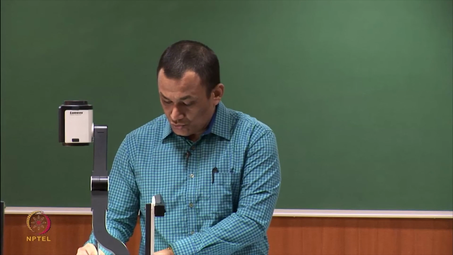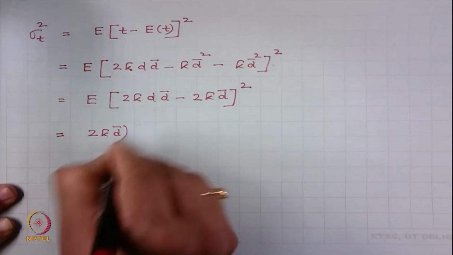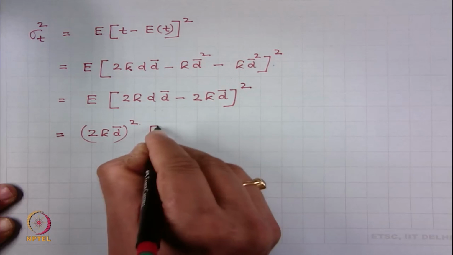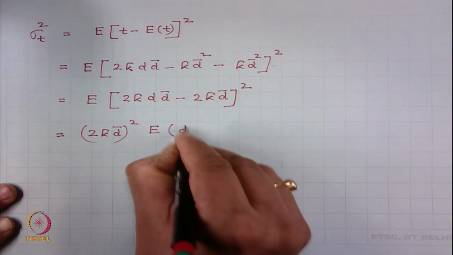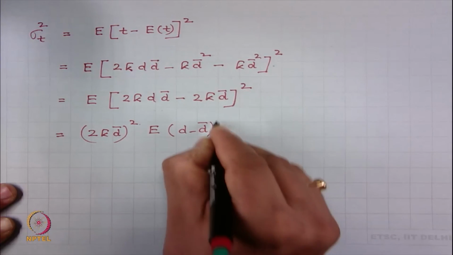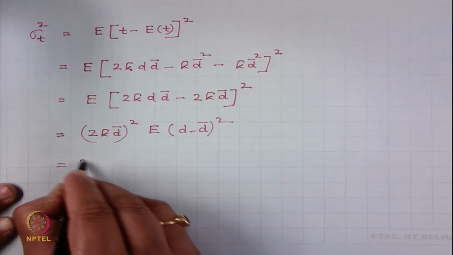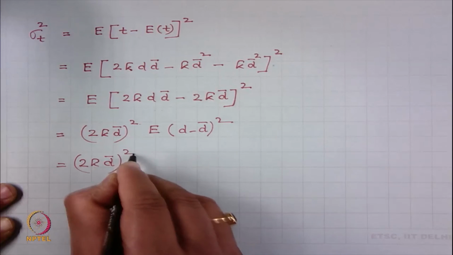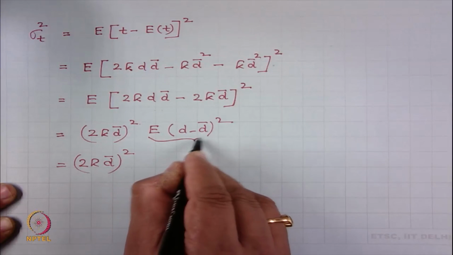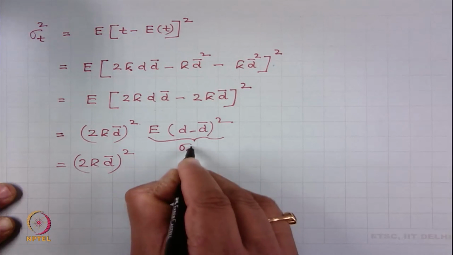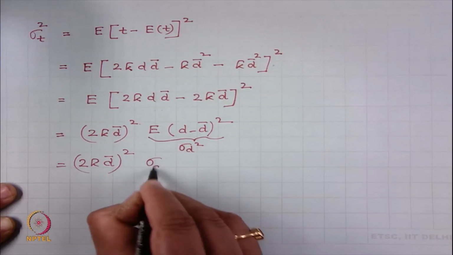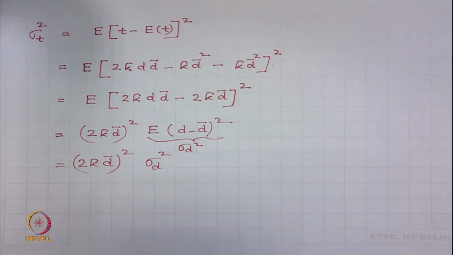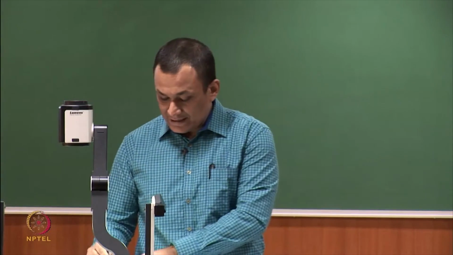So, 2 k d bar squared into expectation of d minus d bar square, that is sigma d square. Okay.